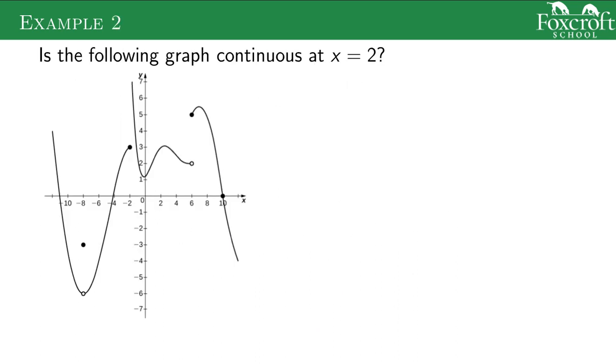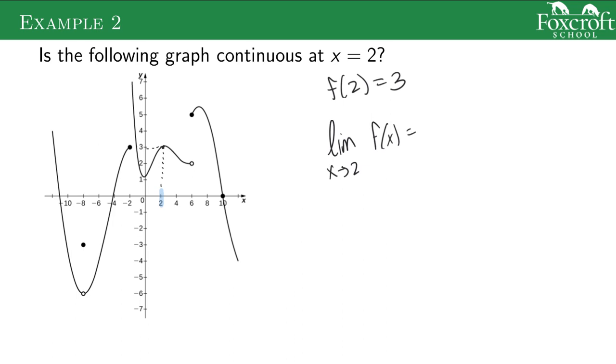For the following graph, is it continuous at x equals 2? Let's look at our function value. We go to the spot on the graph, find the dot, and read the y value. So f of 2 is 3. Now let's look at the limit as x approaches 2 of f(x).